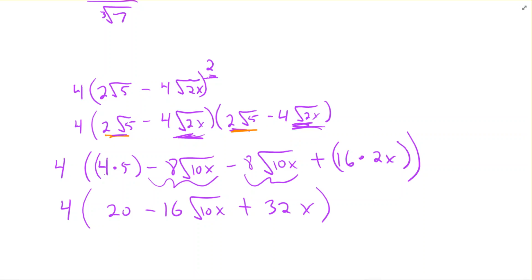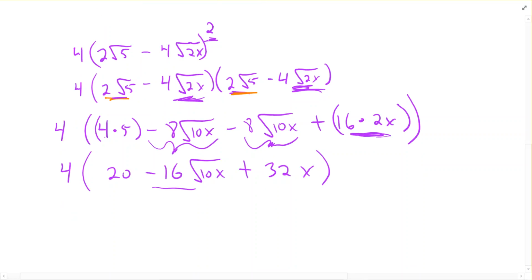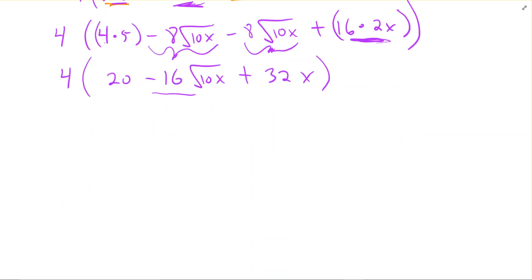So if you didn't get what I did there, I collected these two terms to get negative 16 root 10x, and then just multiplied those together to get 32x. Okay, hopefully that wasn't too confusing.